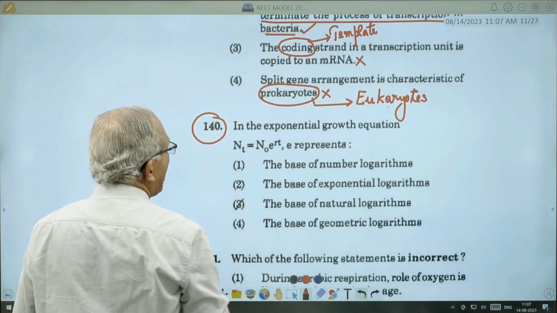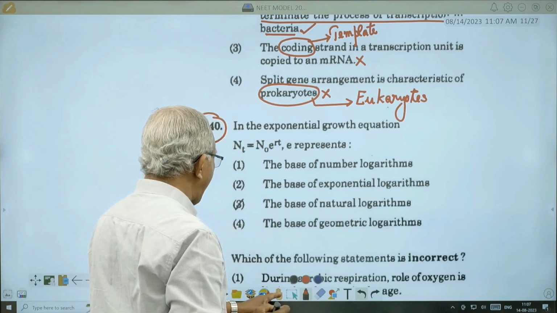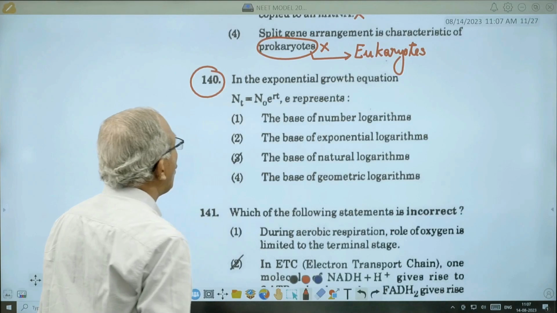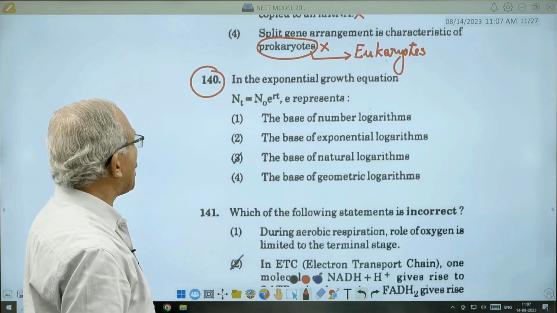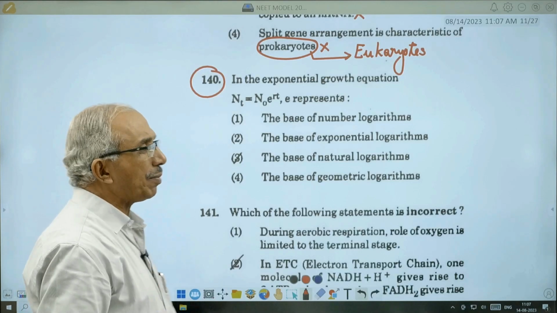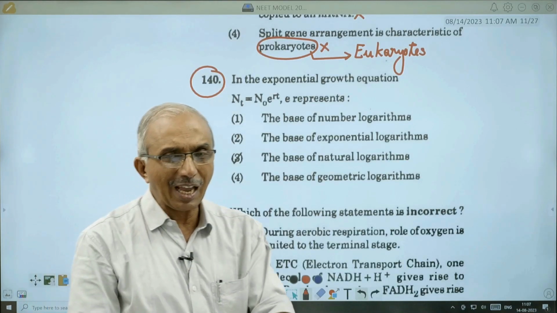The exponential growth equation, Nt equal to N0 into e to the power of rt. Exponential growth equation means geometric type growth.